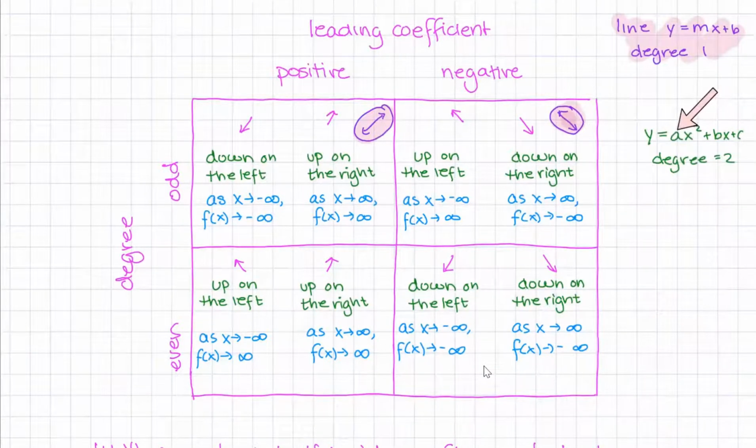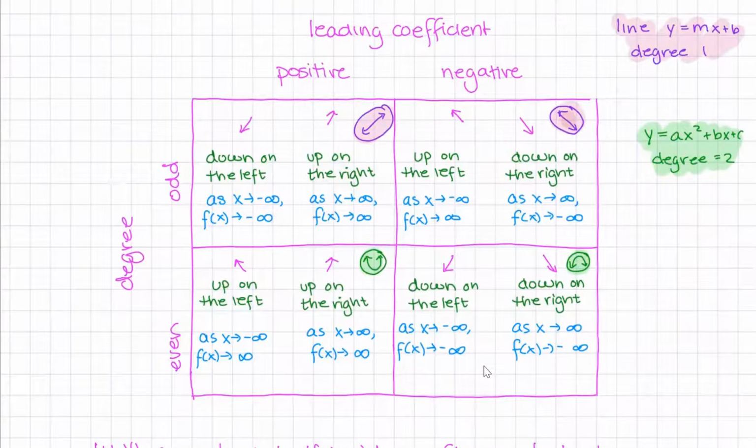And you know when a is positive, it's going to open up. So you have a parabola that looks like a smiley face. So it's up, up on both ends. And then if it's got a negative leading coefficient, it looks like a frowny face, it opens down. So it's down, down on both ends.